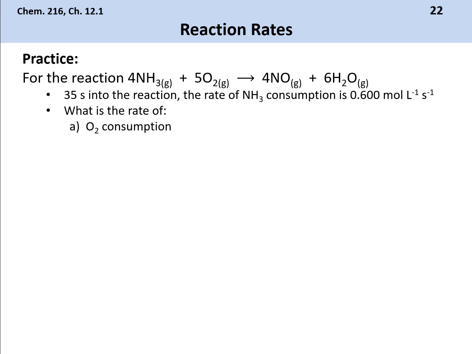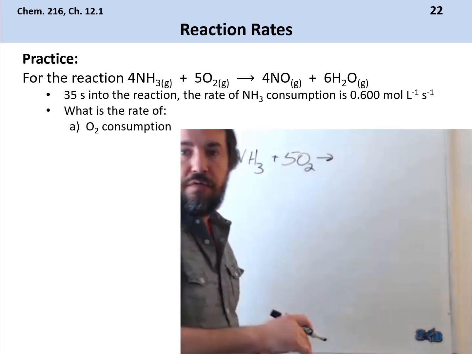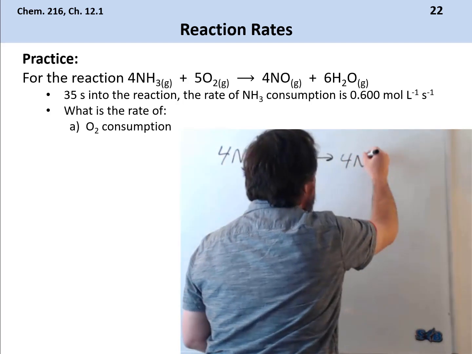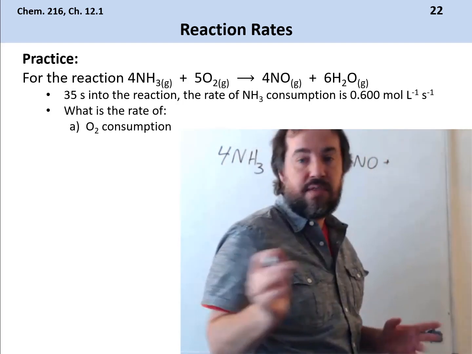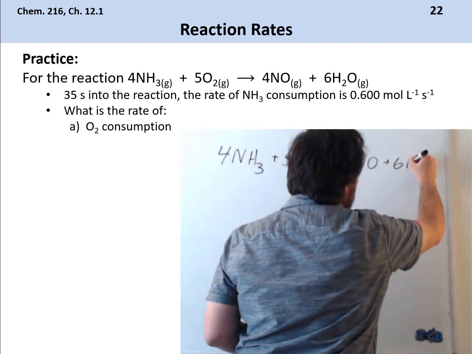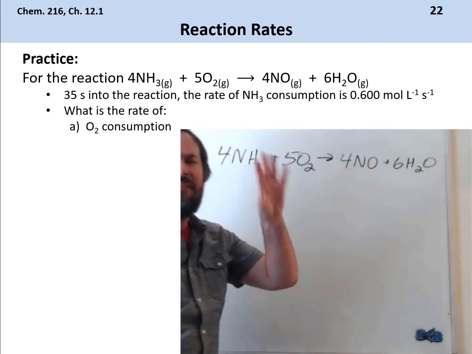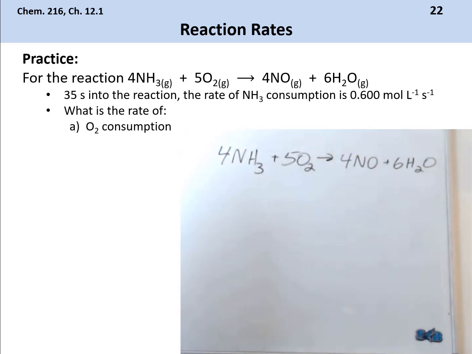We're told that 35 seconds into the reaction, we have a given reaction rate. 4NH3 plus 5O2 goes to form 4NO plus 6H2O. I didn't even include the states because those don't necessarily matter here.